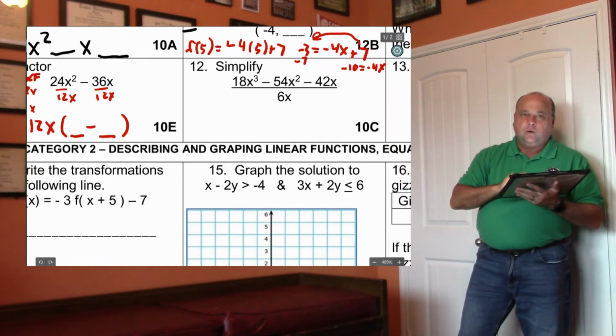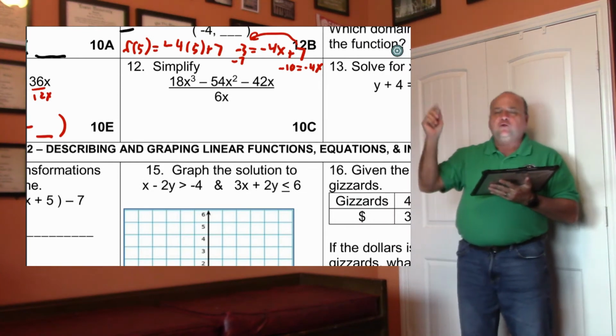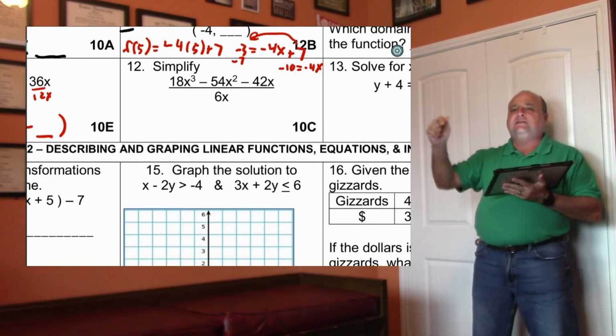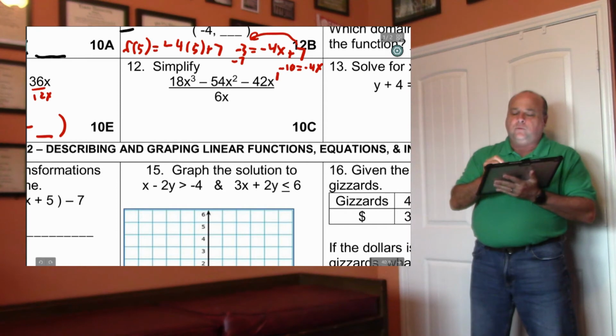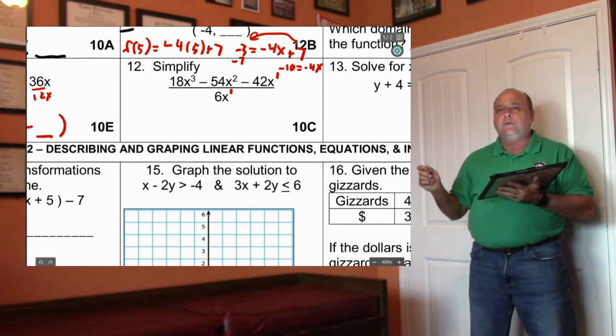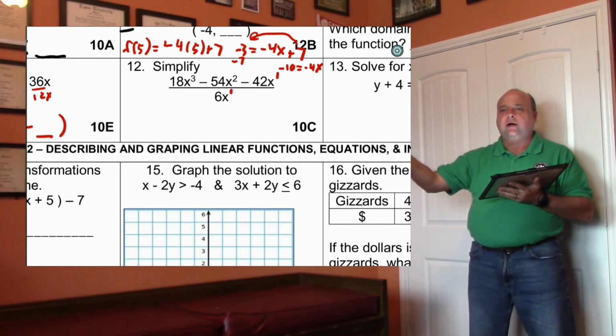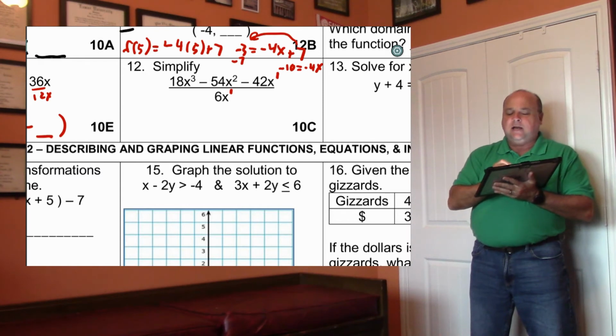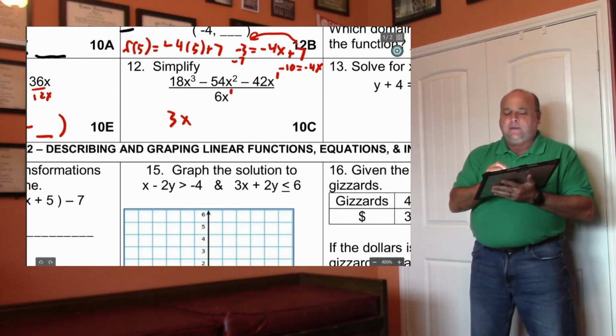Now let's go to number 12. Number 12, we're going to divide all the numbers by 6 and take an exponent of x away. So these have a 1 exponent. When you divide, you subtract the exponents. So 18 divided by 6 is 3. X cubed divided by x to the 1, 3 minus 1 is 2.